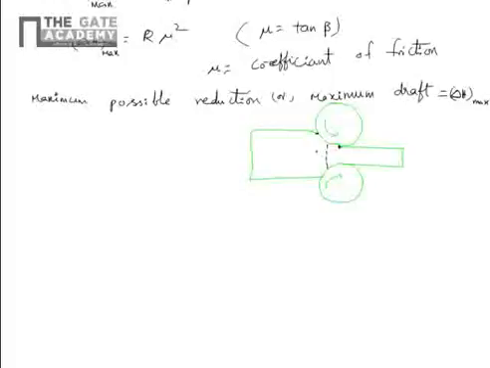This side is called the lagging zone. If you take this area, A, B, C, D, and this is the neutral axis.